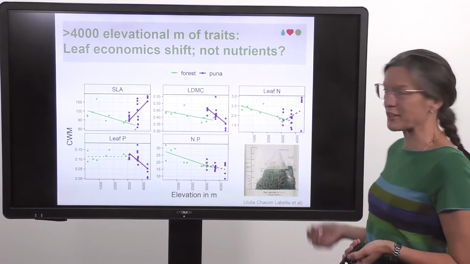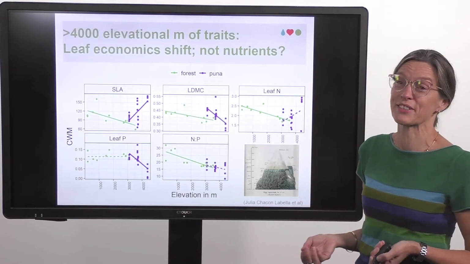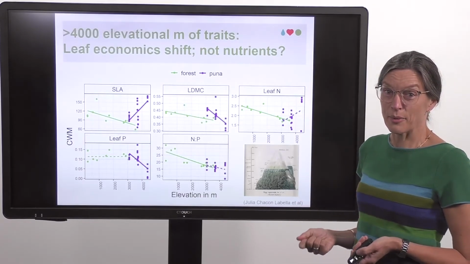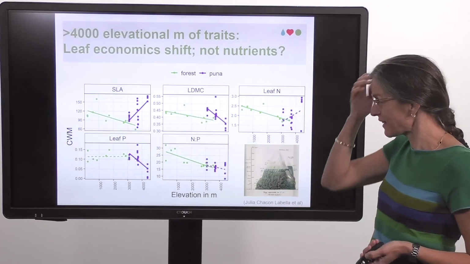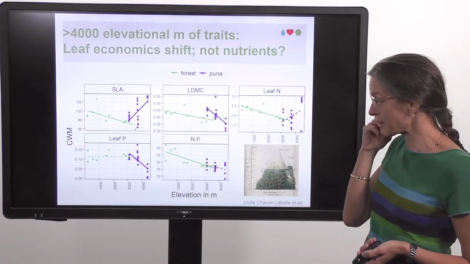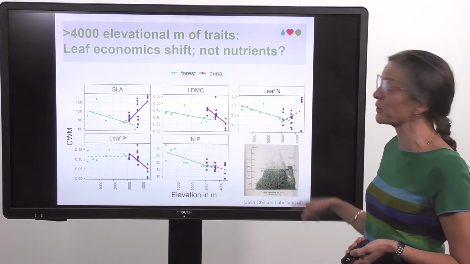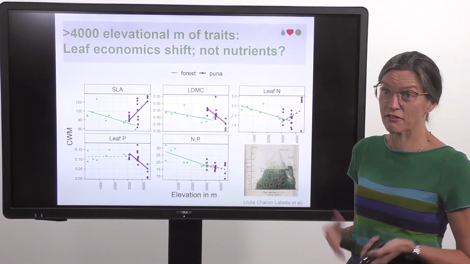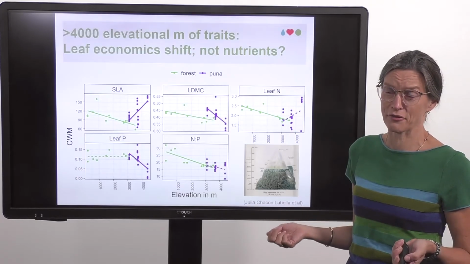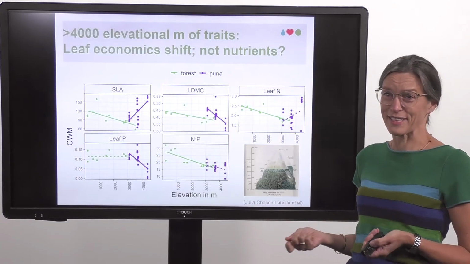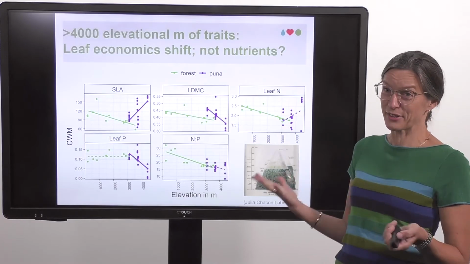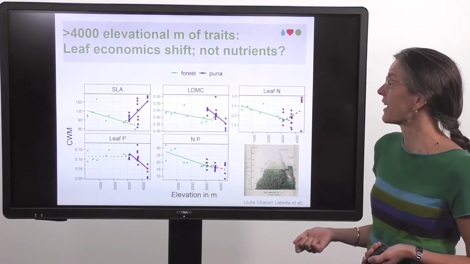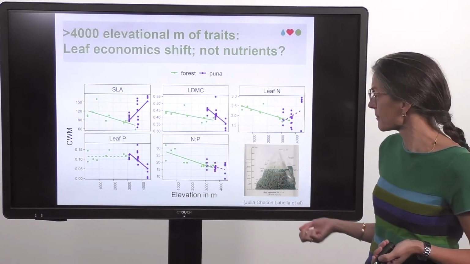And so here we just put this together. These are some quite new data, and I'm not going to go very much into details about interpreting them, but I do want you to look at the x-axis of these plots, because here we have traits gradients that are 4,000 meters long. That's quite interesting, and all these are traits that are measured on site in our study systems.